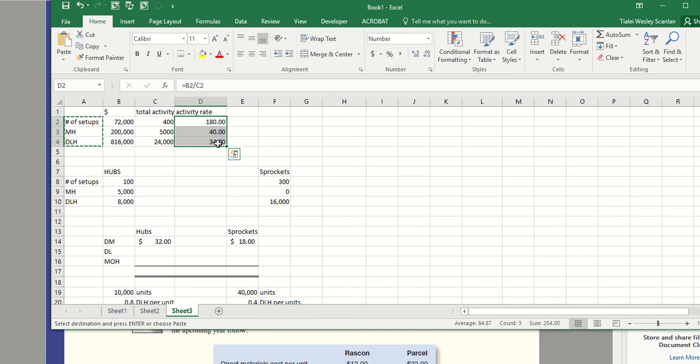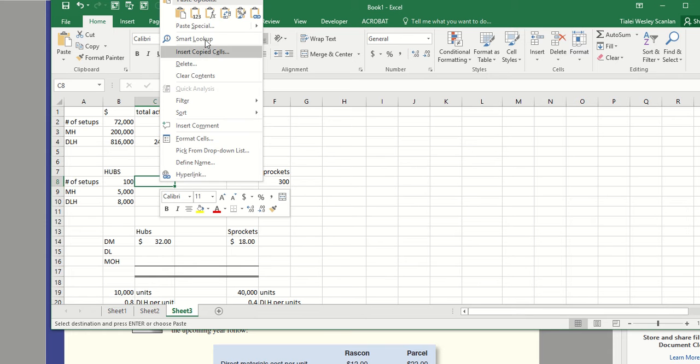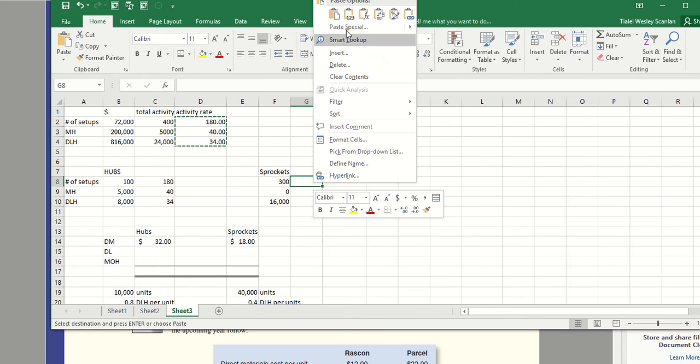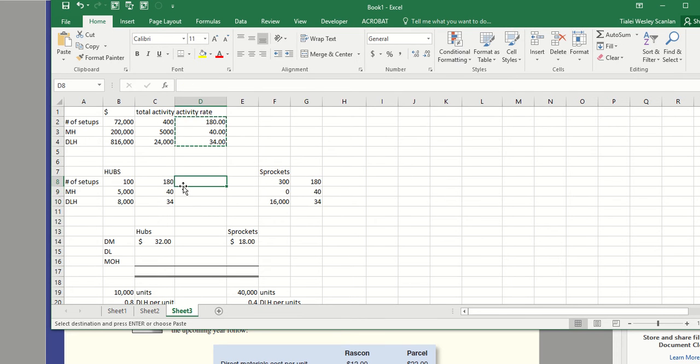I'll copy and paste the numbers, right? Paste special, paste the actual numbers there. And now we can, just like we did in class, times them together and then sum them up because every setup cost me 180 and there was 100 setups, so that's $18,000.